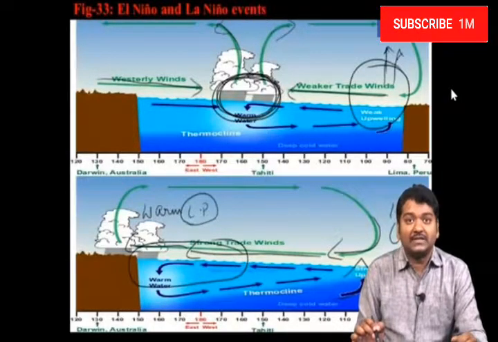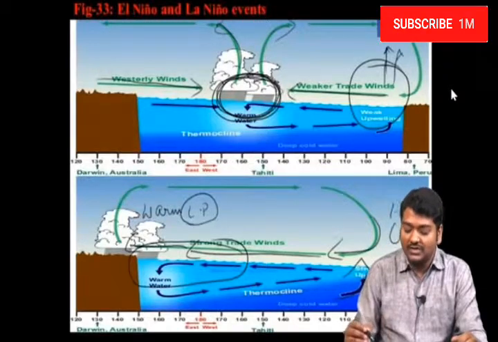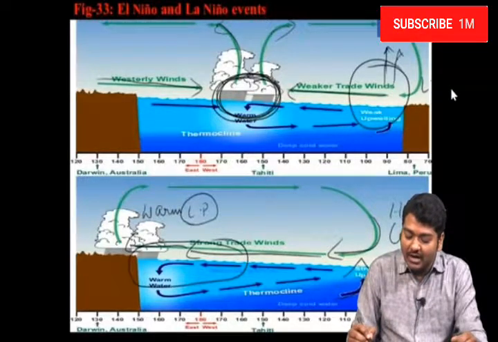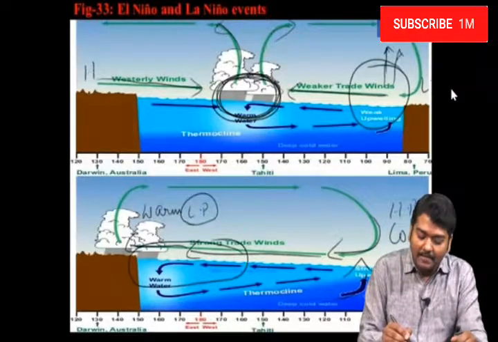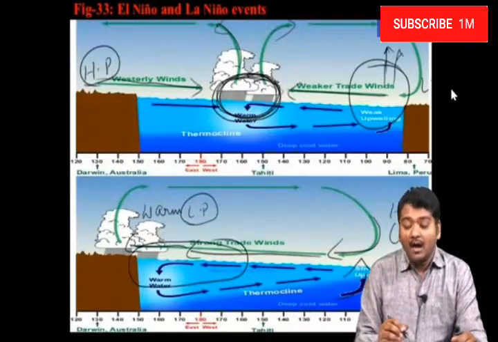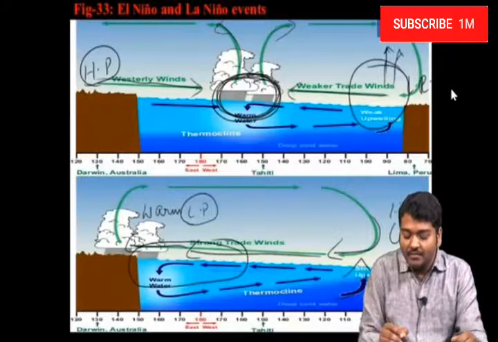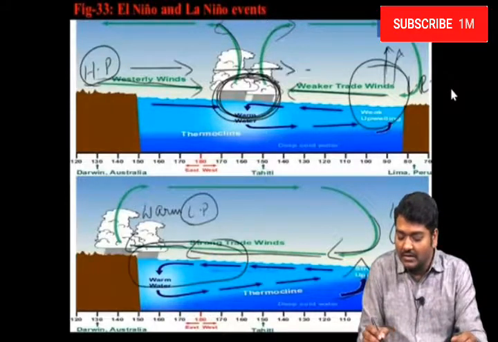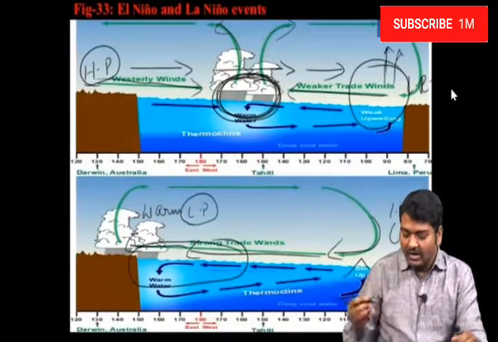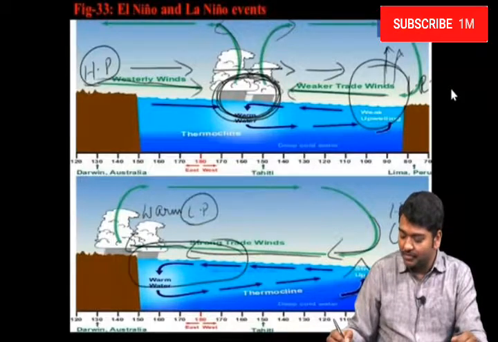So if it is present here, then usually low pressure will accumulate here and high pressure will be seen here. And whenever you have low pressure here and high pressure here, winds start blowing in this direction, correct? Let me just explain the picture.